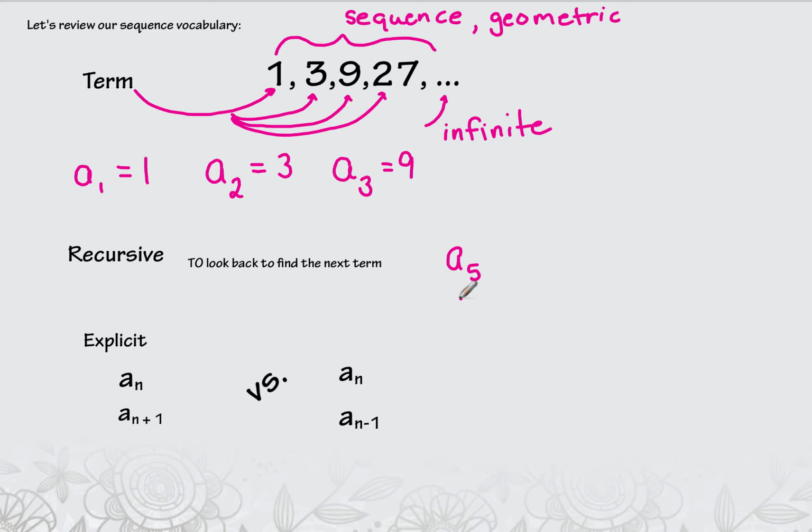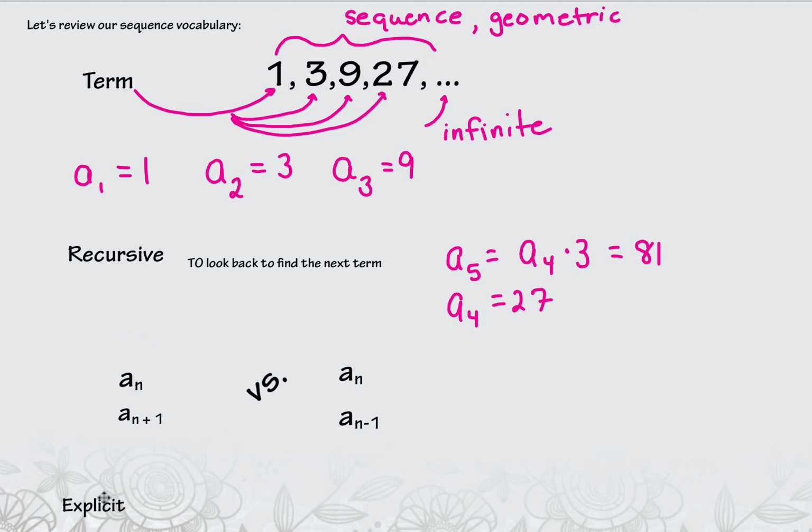You would have to go, well, a sub 4 is 27. And then to get to my next term, a sub 5, I take a sub 4 and multiply it by 3. So therefore, 27 times 3 is 81. So that's what recursive means. Recursive means to look back.